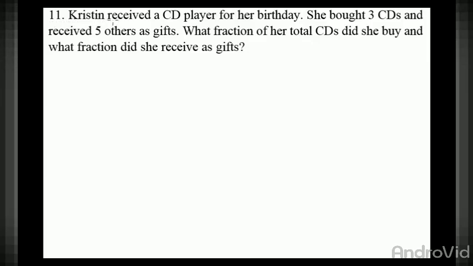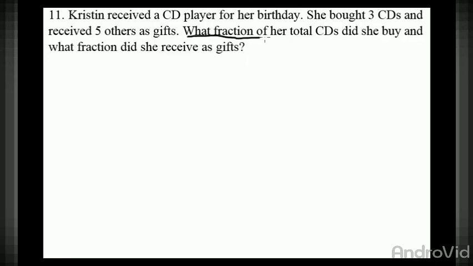Last question, 11th. Kristen received a CD player for her birthday. She bought 3 CDs and received 5 others as gifts. What fraction of her total CDs did she buy, and what fraction did she receive as gifts? So this question has 2 parts.